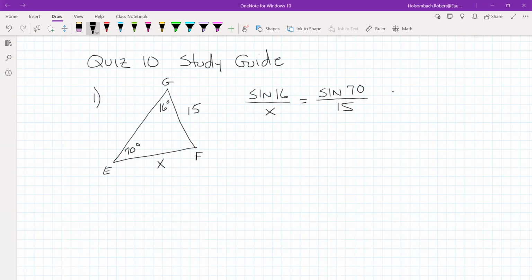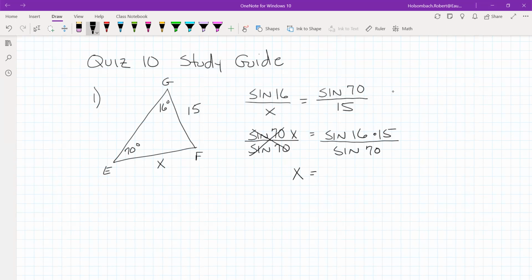All right, so now we've got a proportion. We can crisscross multiply. So sine 70 X equals sine 16 times 15. And then we're going to divide both sides by sine 70. The sine 70s cancel, the X drops down.